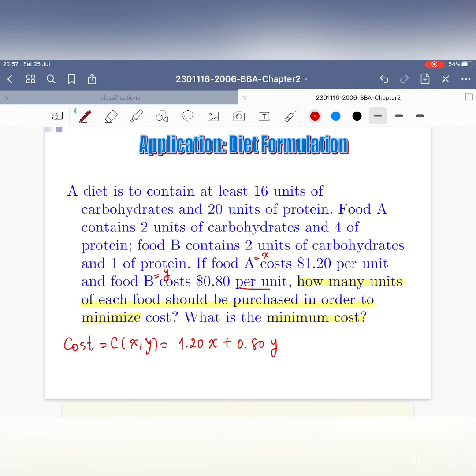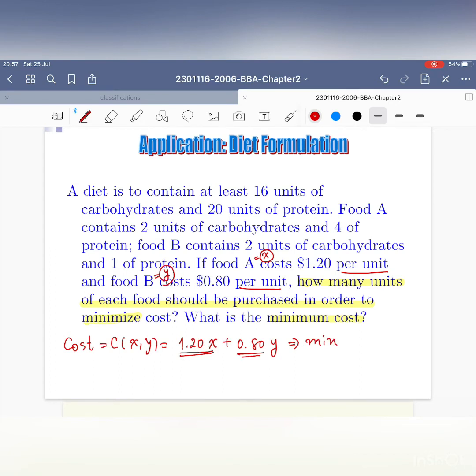Because this one is cost per unit, this one is also cost per unit. You buy X units, this is how much you need to pay. You buy Y units, this is how much you need to pay. So this is the cost, and you need to minimize your cost.